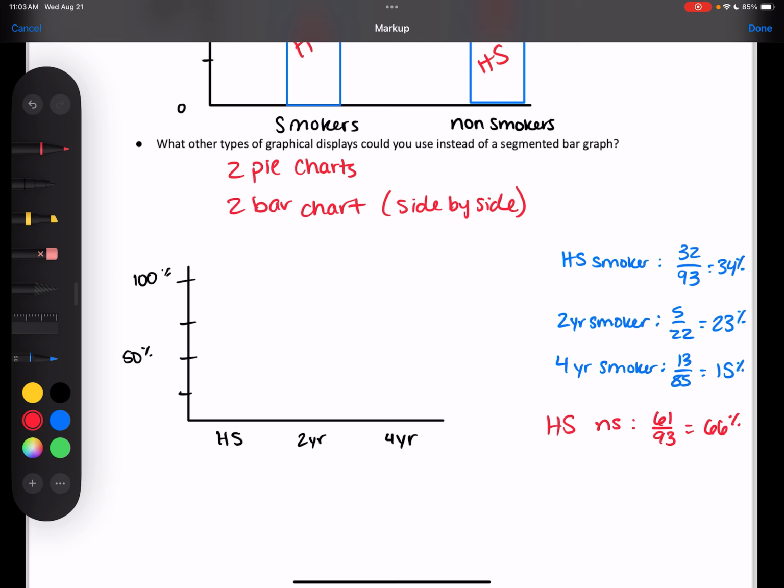And then two-year is going to be 17 out of 22.